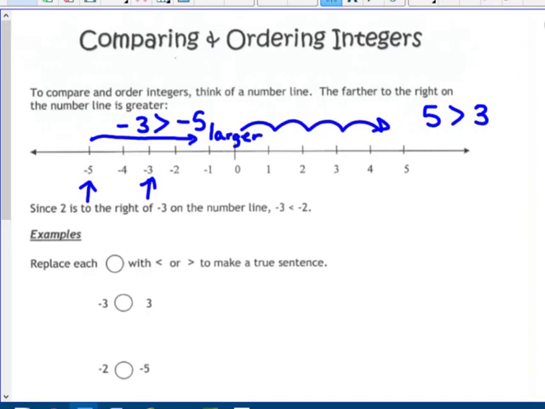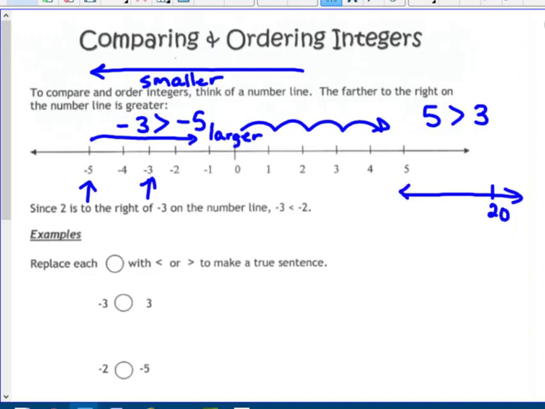As you go to the right, things keep getting larger or bigger. As you go to the left, things get smaller. Just like in your kindergarten class, and you had that number line and say it had a 20 over here and you know it ended on 0, we know that as you go left, so for instance it stopped at 2, that 2 is less than 20.